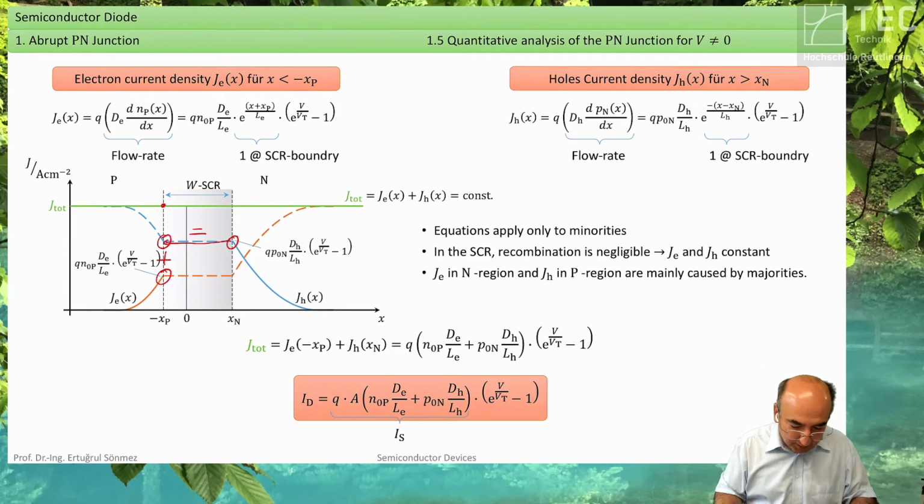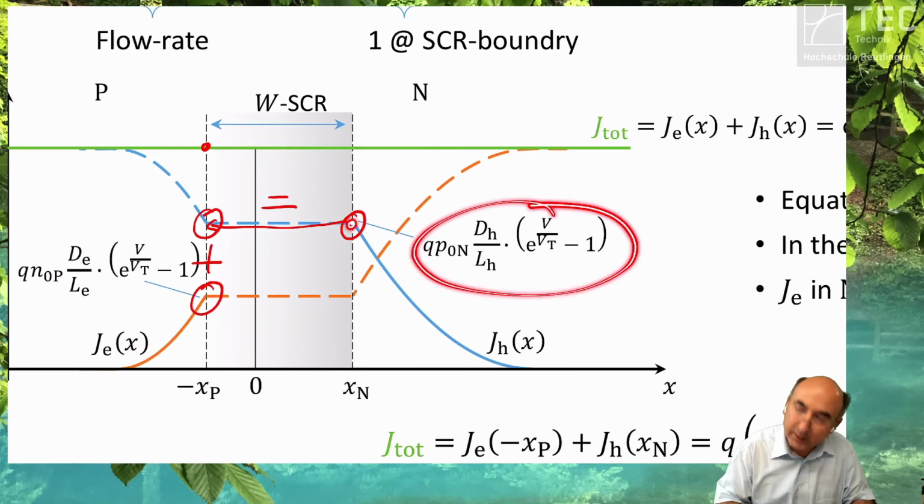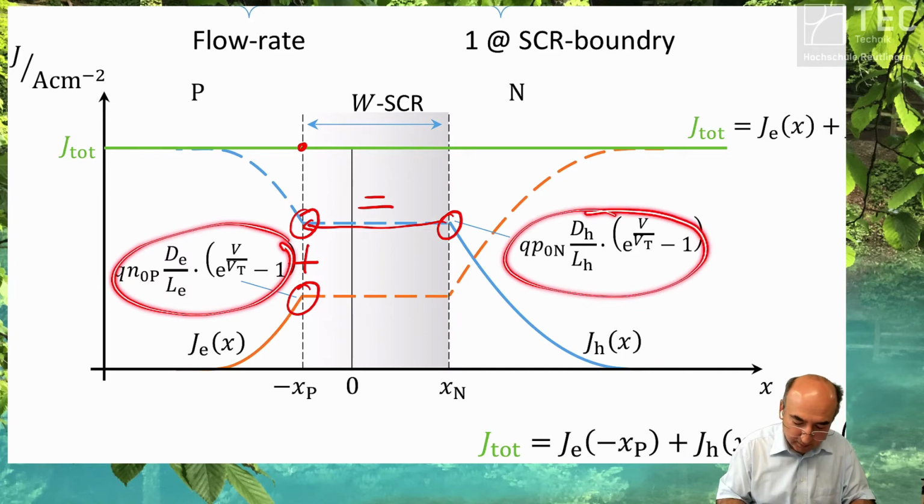Okay, now you know this current density, you know this current density, so you know both current densities by calculation, and if you sum them up, you get the total current.